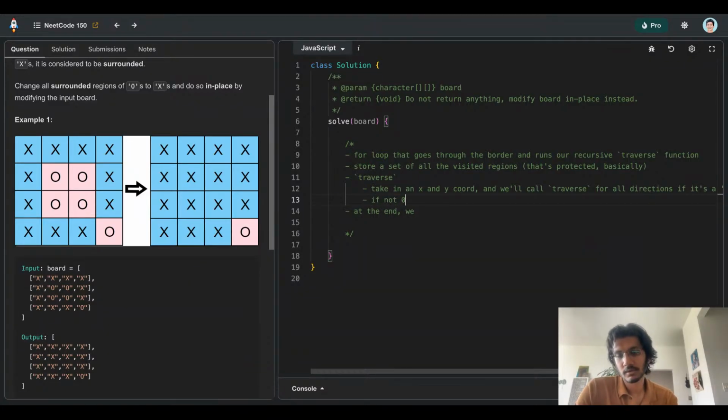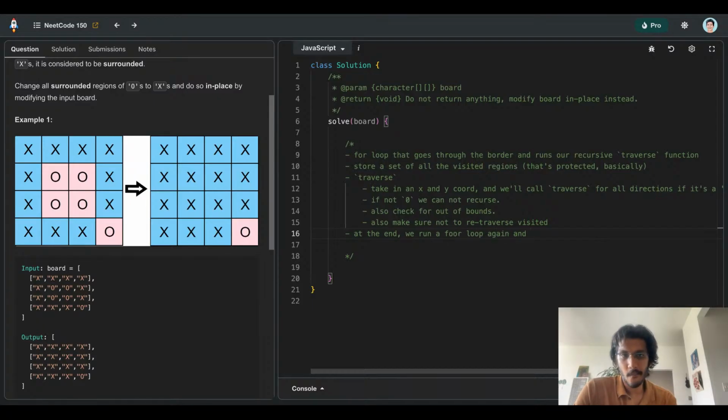If not 0, we can stop. Also check for out of bounds, and make sure not to retraverse visited. At the end, we run a for loop again and mark all unvisited zeros as X's. Great.